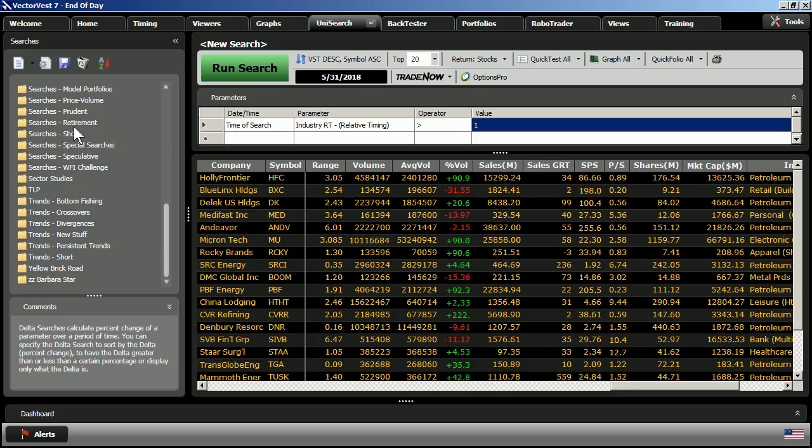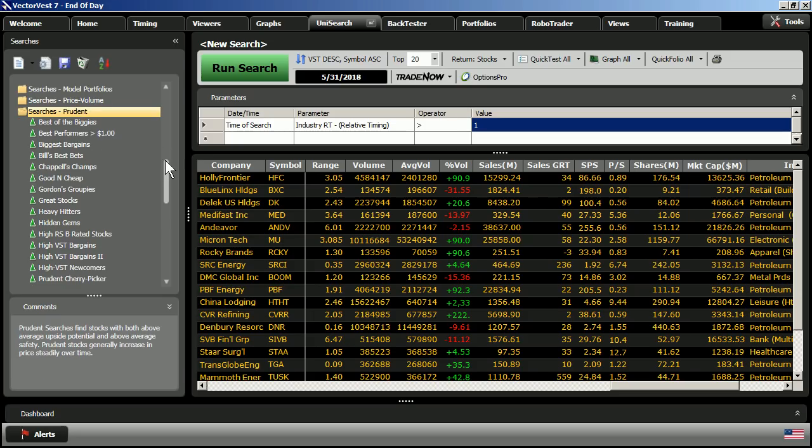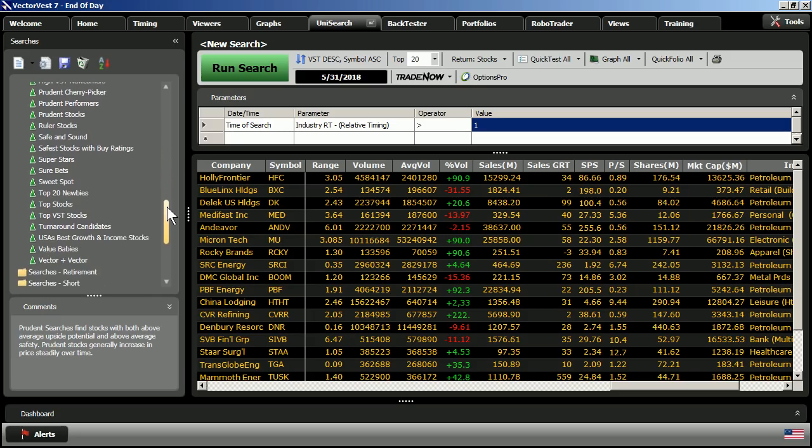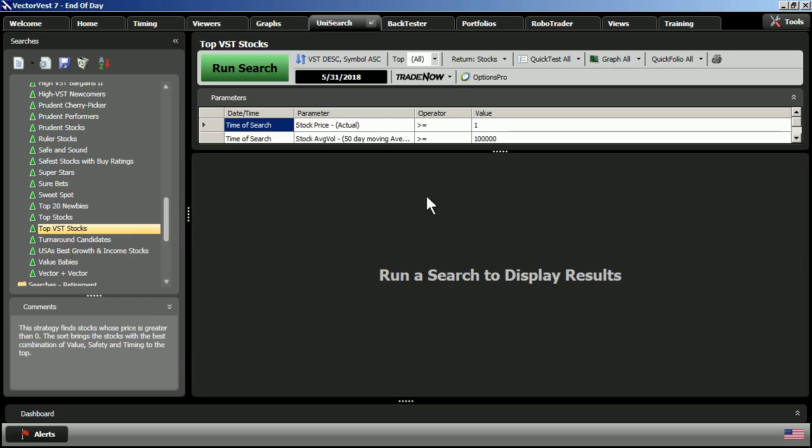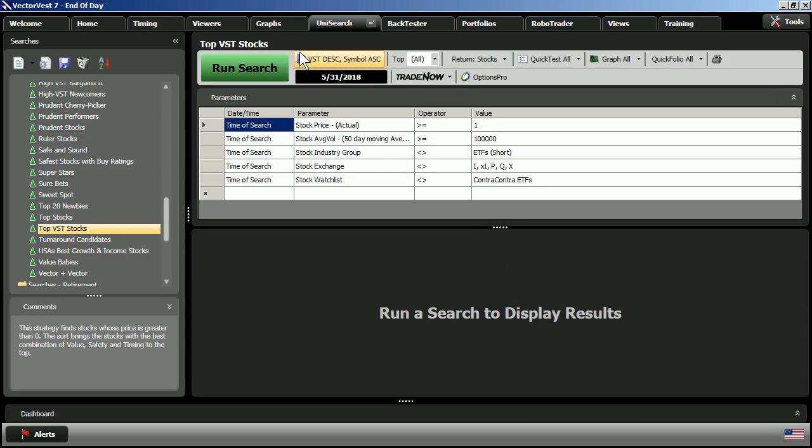So for instance, I like searches prudent and top VST stocks. This search sorts our stocks by VST descending, looks for stocks priced above $1 and have 100,000 shares of average volume, so they have liquidity. We limit them from the secondary exchanges, and no contra ETFs.